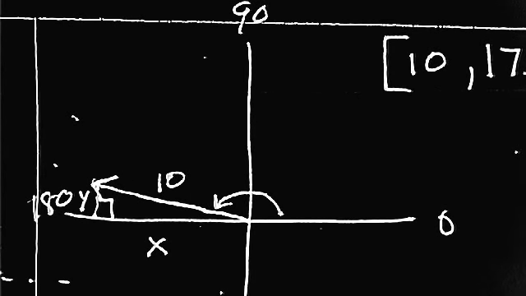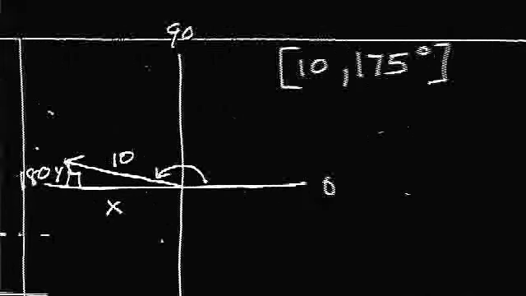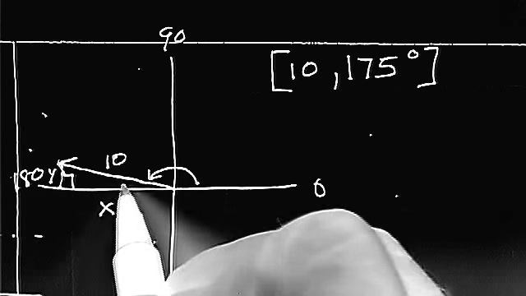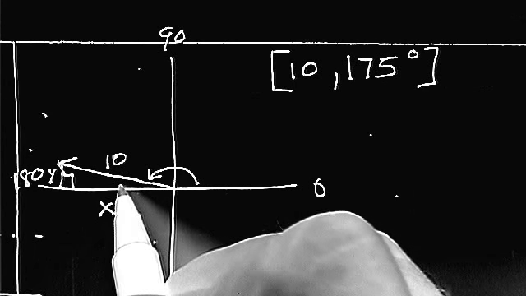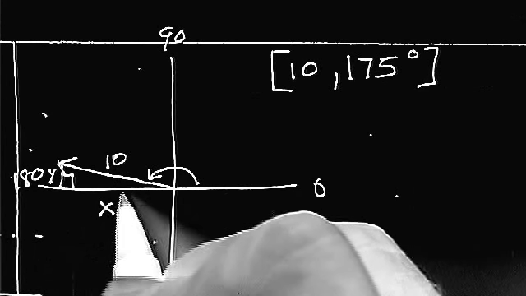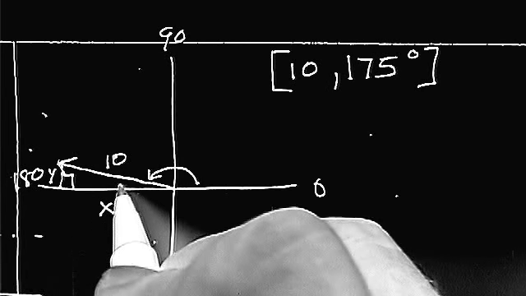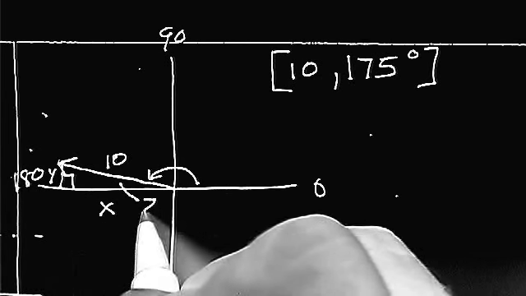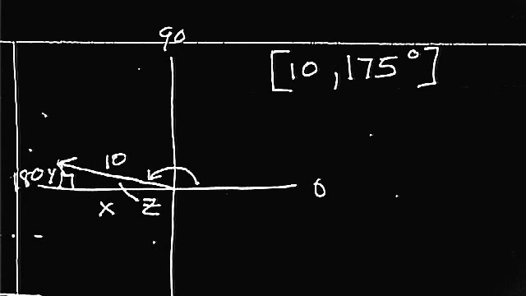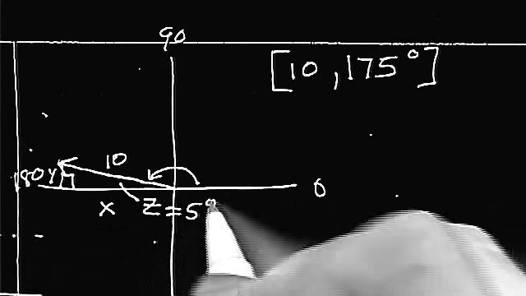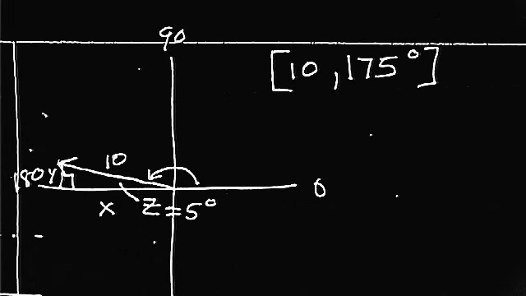And the picture helps me also know that y is positive because it goes up. Now, this angle right in here, we'll call it z. How much is that angle? That's a 5-degree angle, right? I guess I didn't really need to name it because I already knew what it was. So that was pretty much a waste of time.